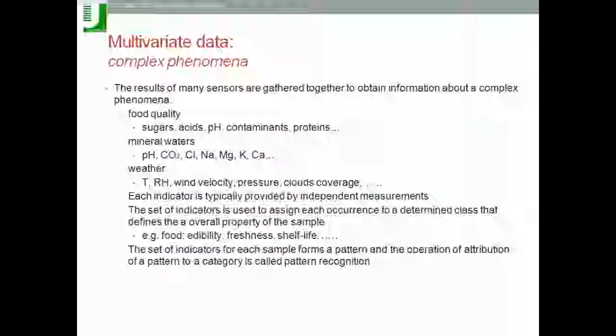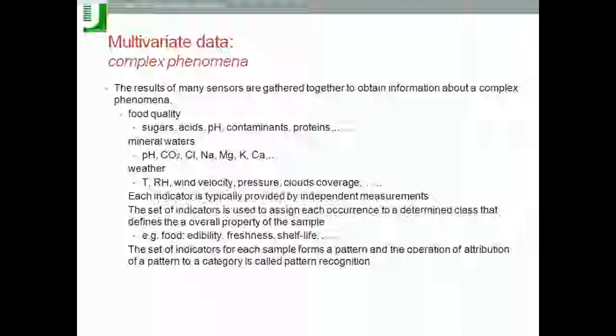But even if we use an individual sensor, at the end, when we use sensors, we usually want to describe complex phenomena, and then we put sensors together to describe something complex. Even if each individual sensor provides univariate data, the objective of using sensors is to bring them together.